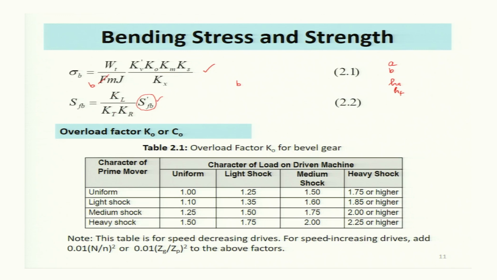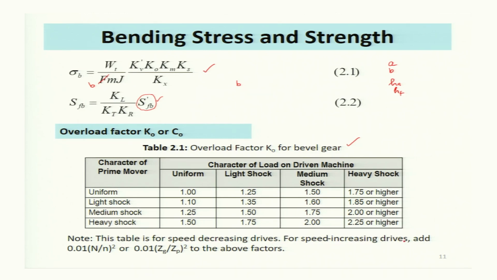And similar to the spur gear, we will determine the overload factor from this table, knowing the character of the prime mover and the character of load on the driven machine. Note that this table is for speed decreasing devices, where the bevel gear mesh is used for reduction of the speed.